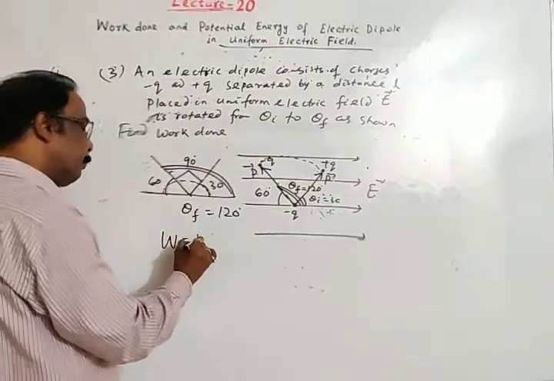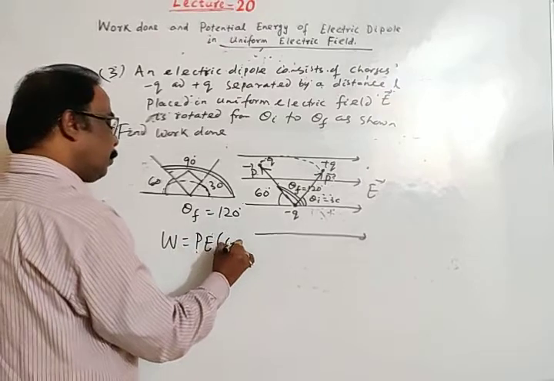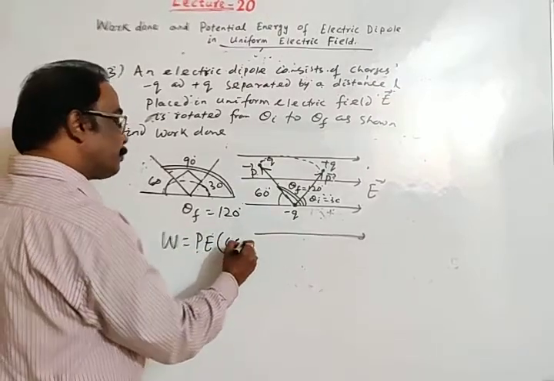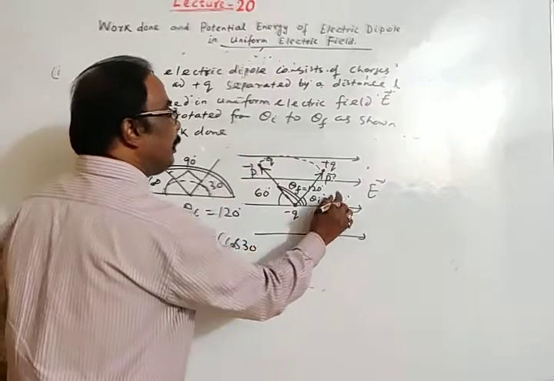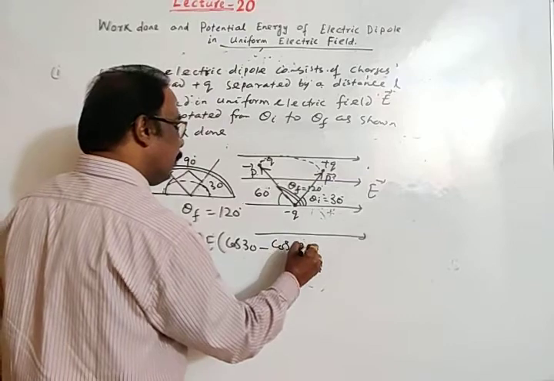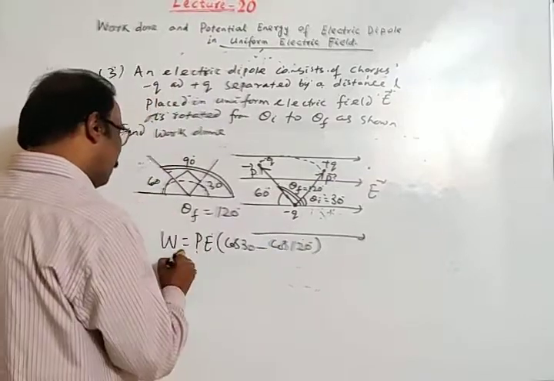Work is equal to PE into cos theta initial. Theta initial is 30 degree minus cos theta final. Theta final is 120 degree.